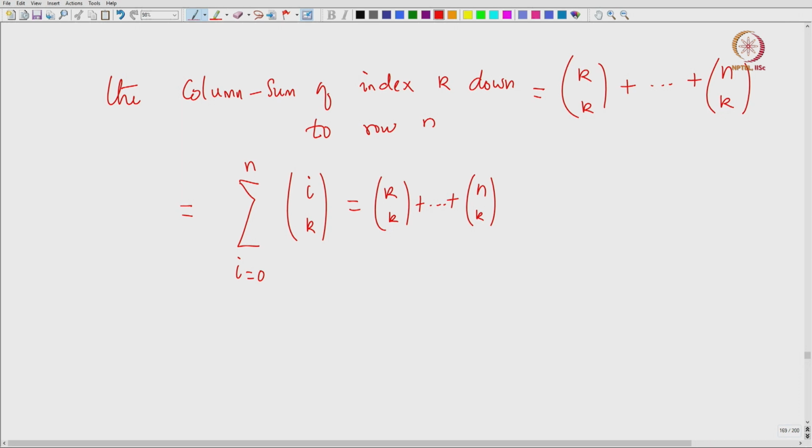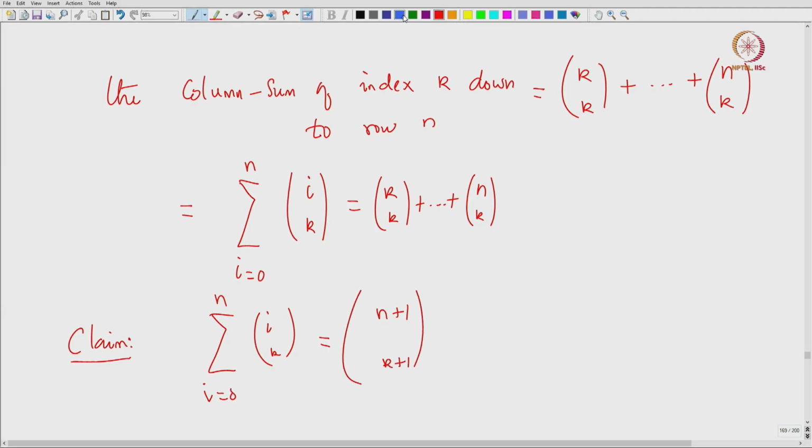So, now what is this? One can actually prove that this is exactly equal to n plus 1 choose k plus 1. So, the claim is that when we take this summation i choose k, i ranging from 0 to n, it is exactly same as n plus 1 choose k plus 1. Okay, why is this true?